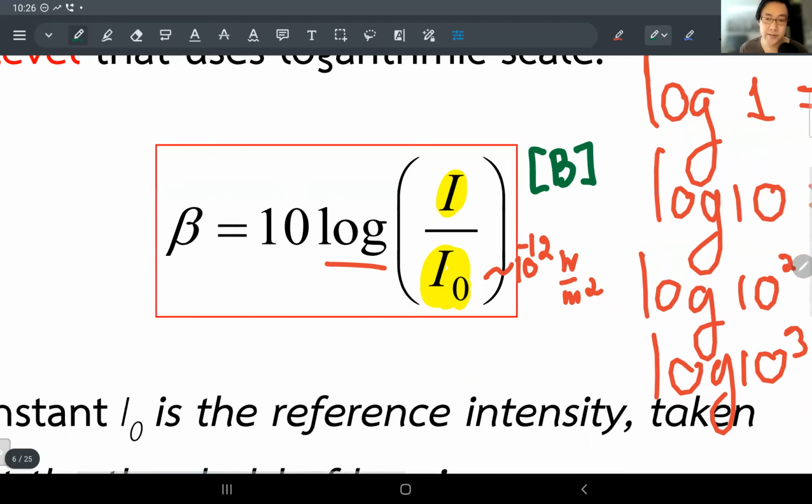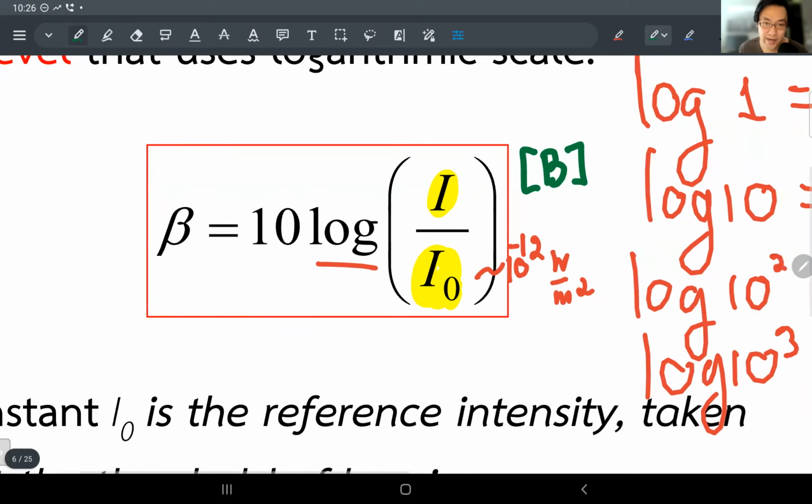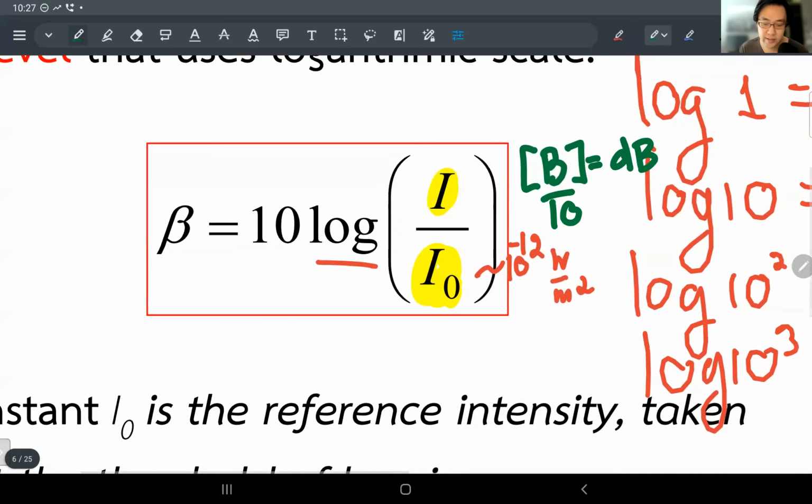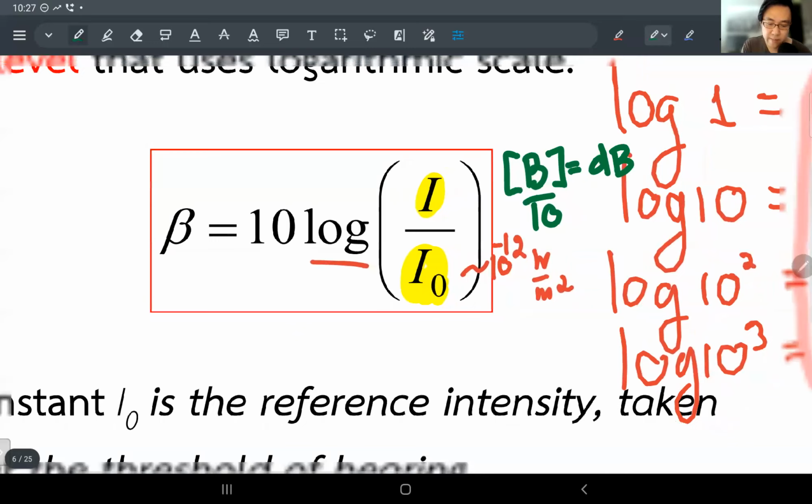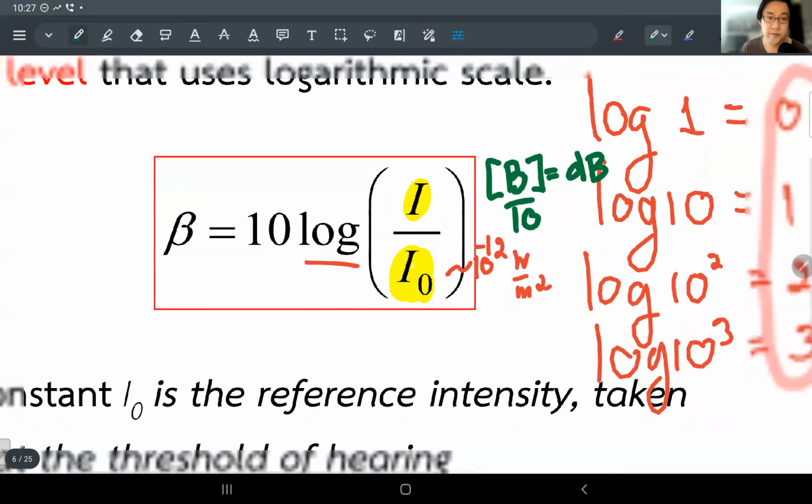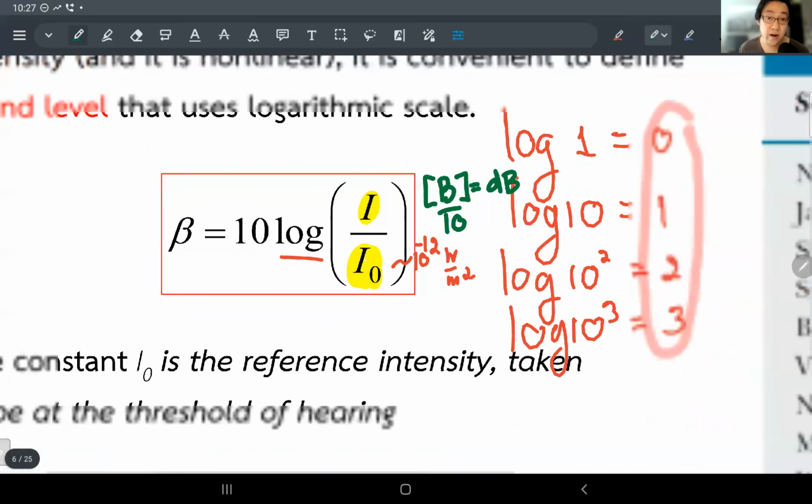Guys with me? So I have 10 in the front and 10 down here. And this 1 over 10, that is the deci, 10 to the negative 1. So that's why this formula is the one giving you something we named sound level, and it's in the units of decibel.